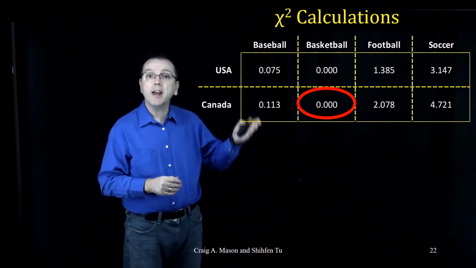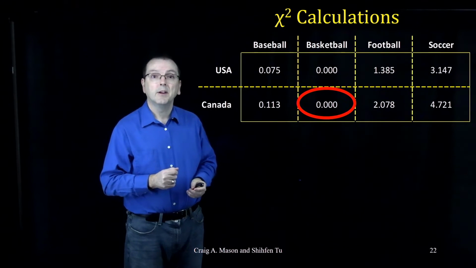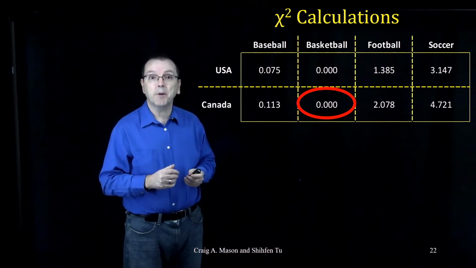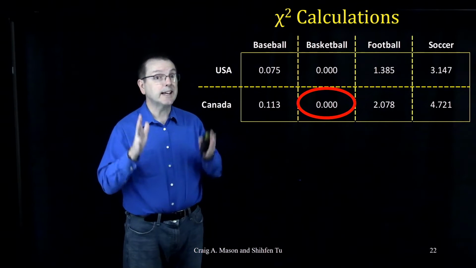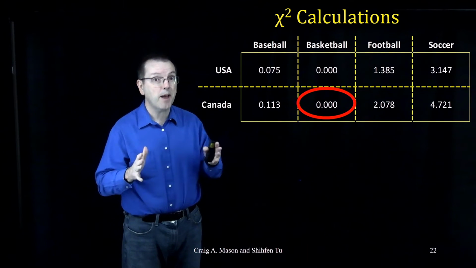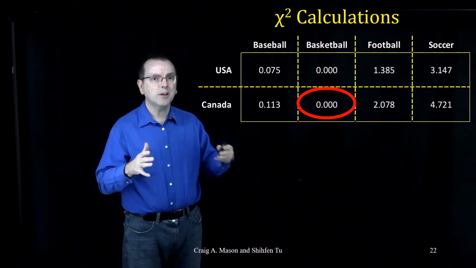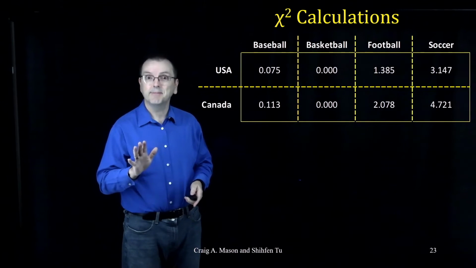Remember, we didn't change the total number of people in the basketball column. So if out of that group of people who pick basketball, the number from the US was exactly what we would have expected, then the number from Canada would also be exactly what we would expect, right?